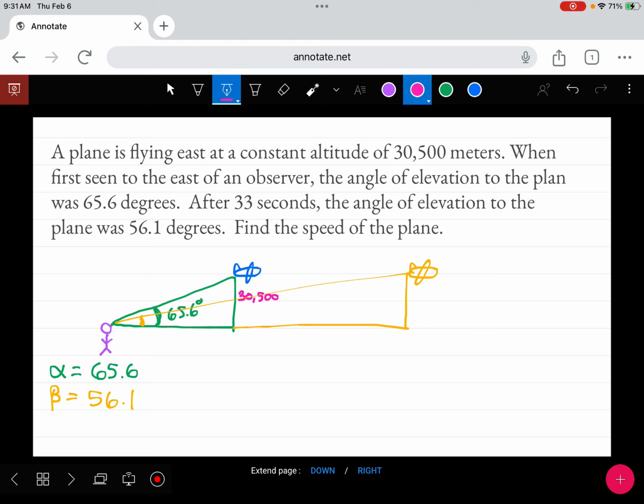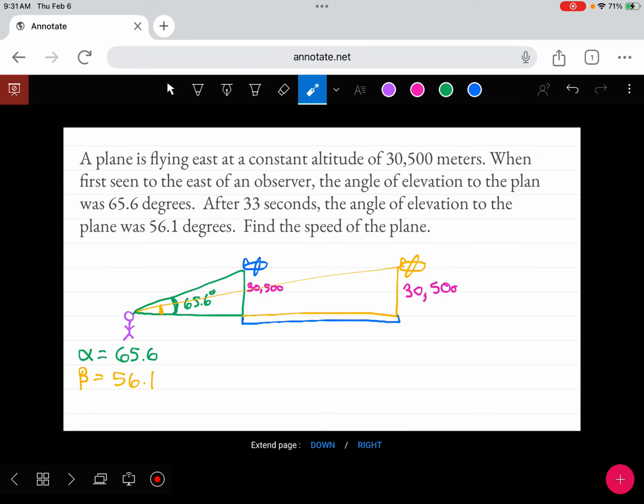We are trying to figure out how fast this plane is going, which means we need to know the change in the distance here. This plane is flying at a constant altitude, so this one's at the exact same height. And we're trying to figure out the change in the distance here.